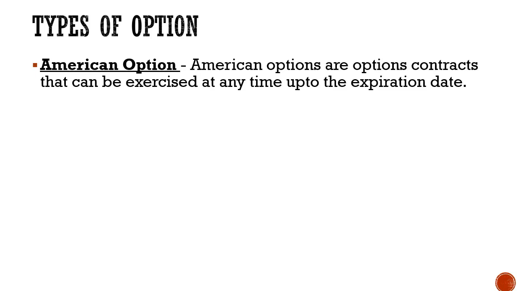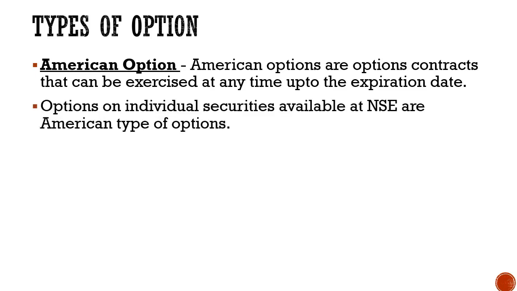So up to the expiration date, you can go into the contract and exercise it. Options on individual securities available at NSE are American type options. So on an individual security, if an option is available at NSE, then it is an American type of option.